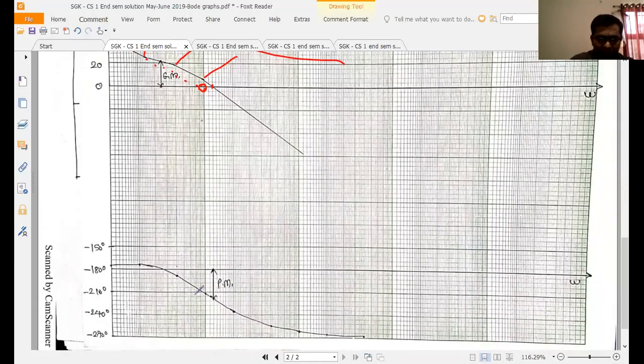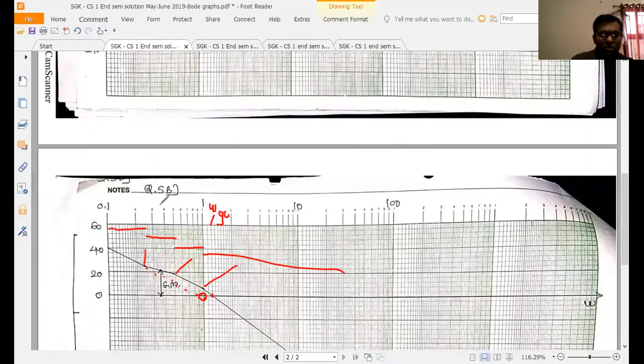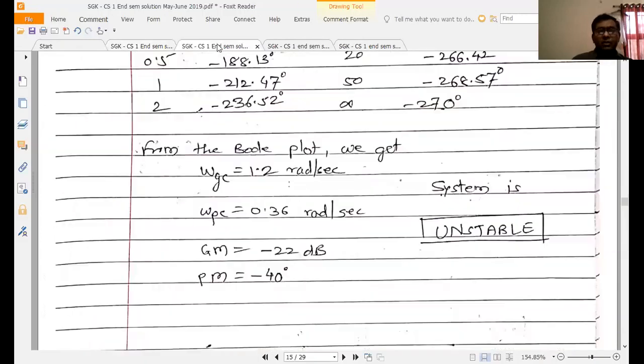Similarly, we will find out omega PC. What is omega PC? It is where the phase curve crosses minus 180 degrees, right? This is omega PC. So what is this value? Omega PC is somewhere between 0.3 and 0.4, right?